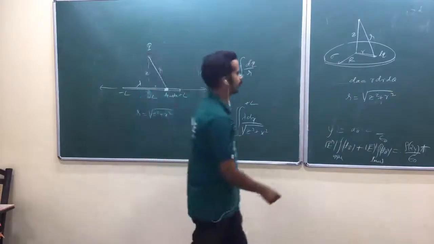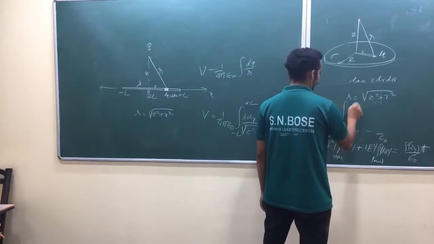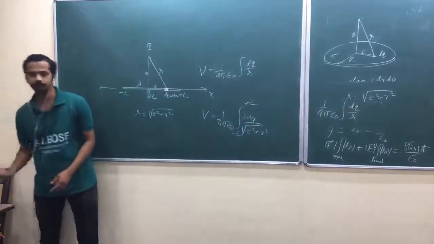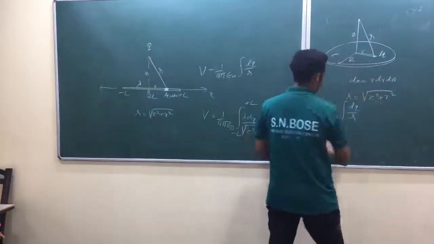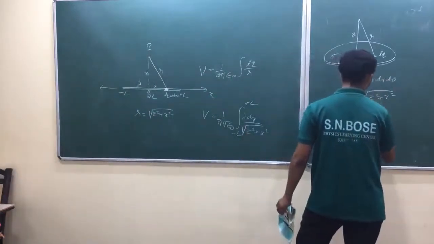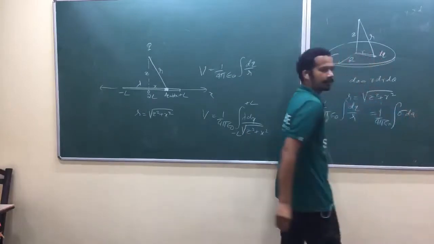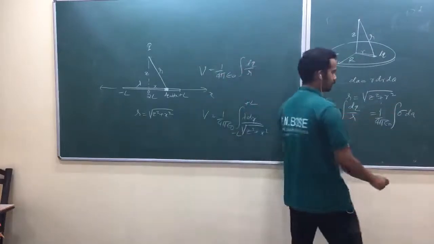So now you have 1 by 4 pi epsilon naught integral of dq by R. What is dq? Sigma dA. Sigma is charge density. Charge per unit area into area, and it is uniform.